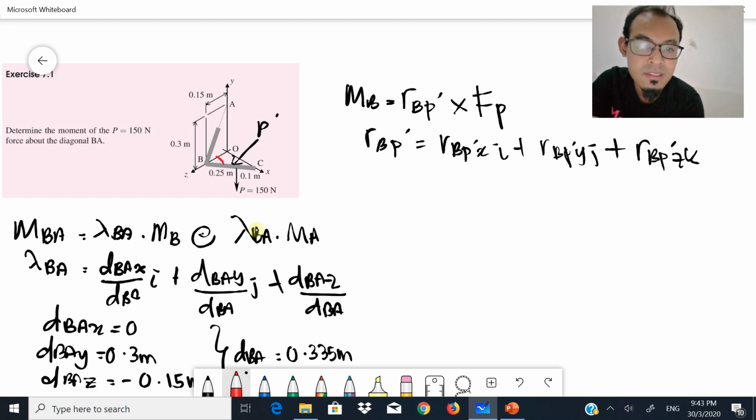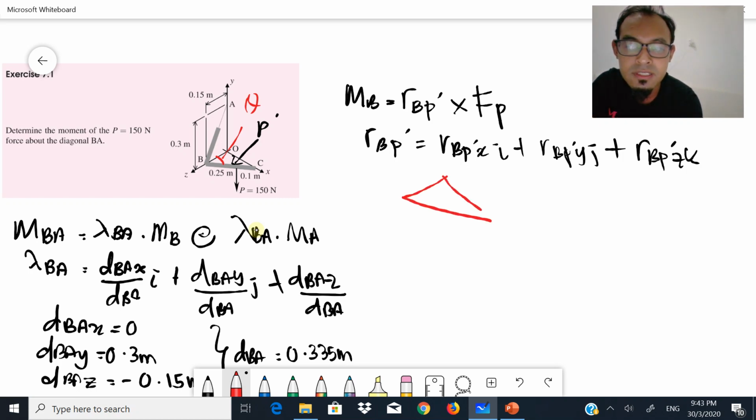Let's say this angle is theta, this side is 0.35 and here we have 0.15.